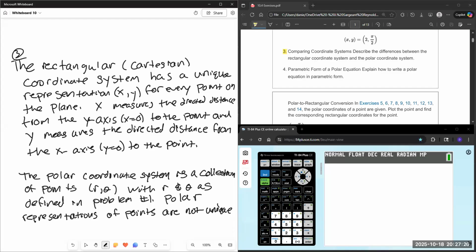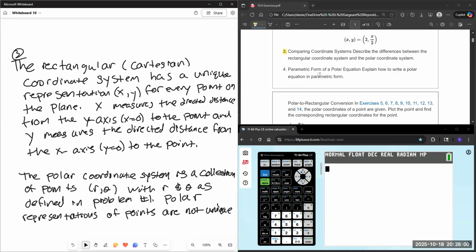There are infinitely many ways to represent the same point with a positive r value or with a negative r value, just by going around either 360 or 180 degrees, and making coterminal angles with that. So those are the big concepts there.